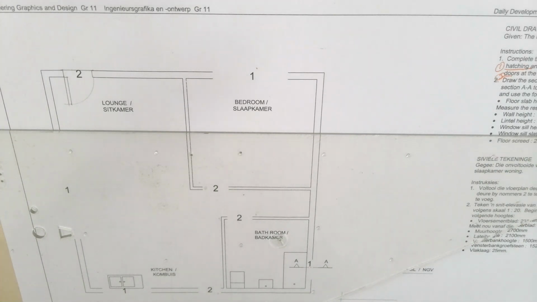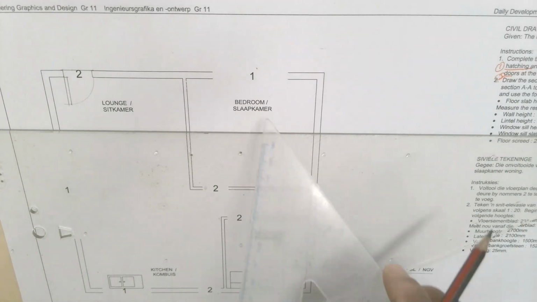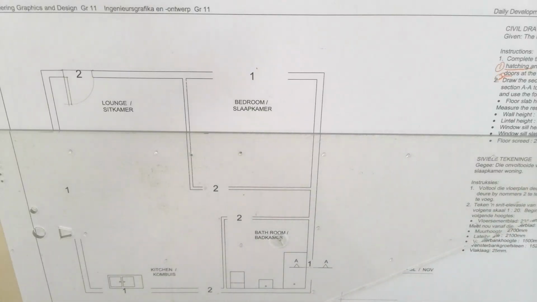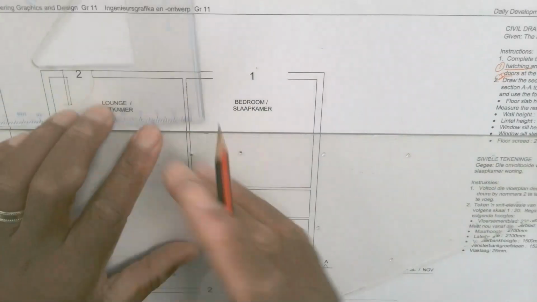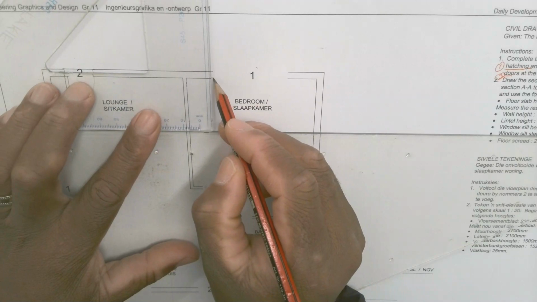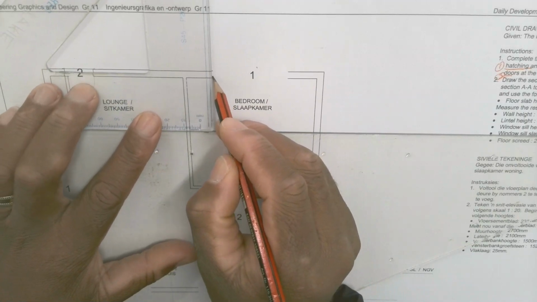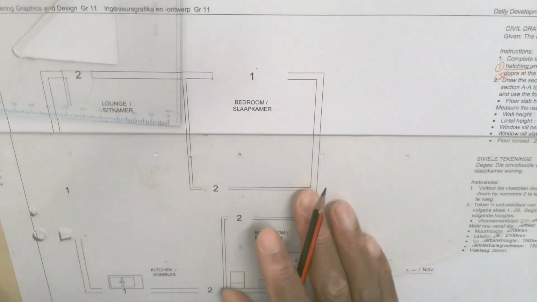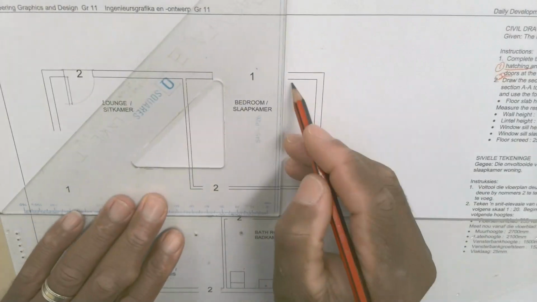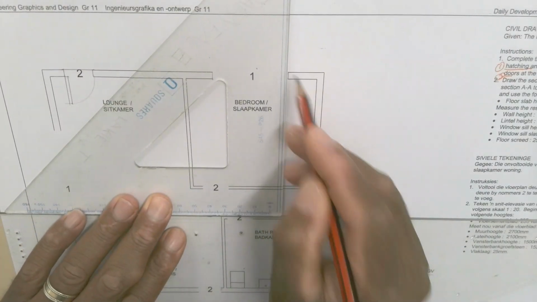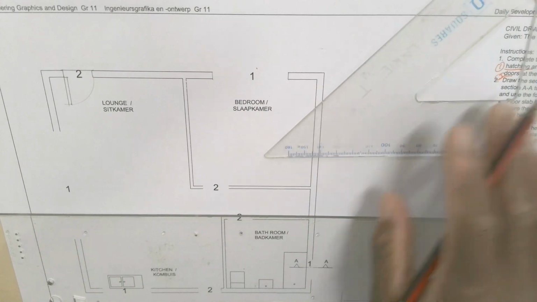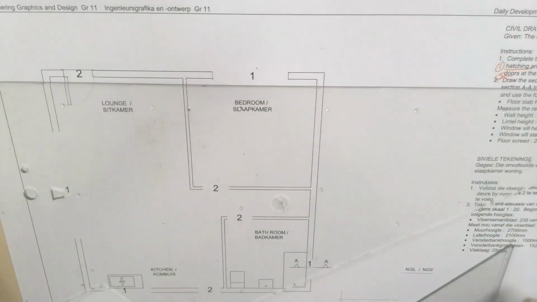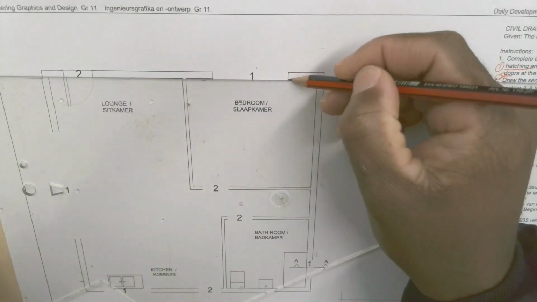Now, what about the window on 1? Same thing. We need to close these gaps since we don't have the actual distance or the length of the window or the size of the window. Close that, and we're going to close that for now. So on the inside of the window, we know there's a window sill.